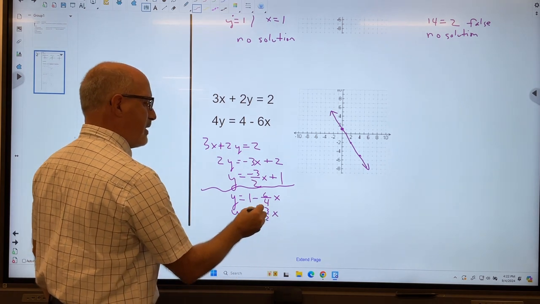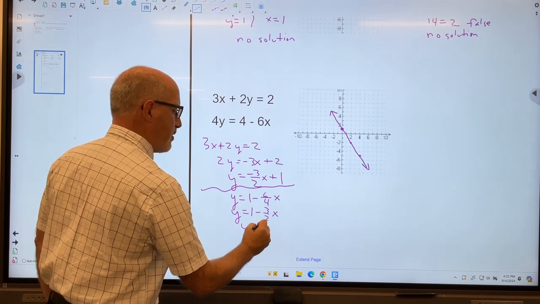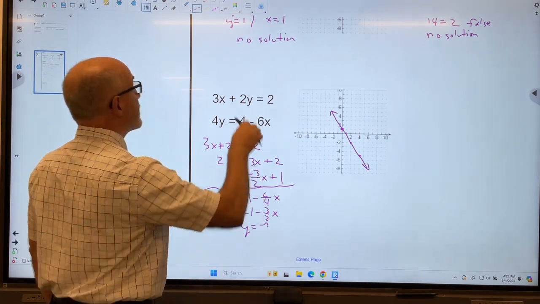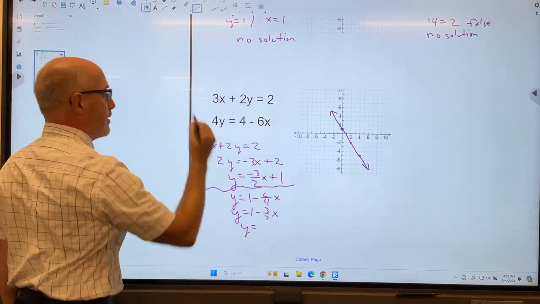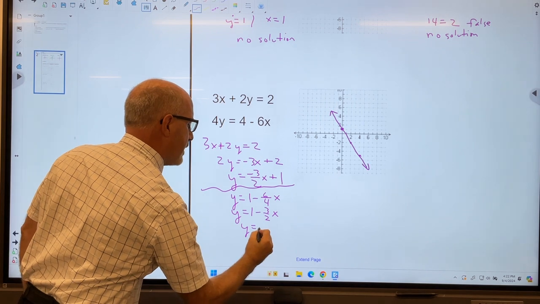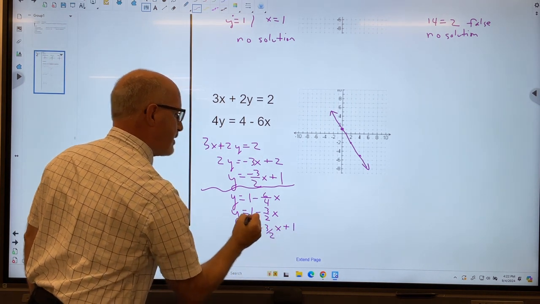Well, if you look, this matches that. If I just rearrange and put the x term first, that's negative 3 halves x, then plus 1, because that's a positive 1.